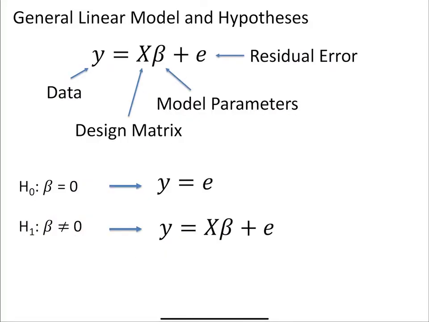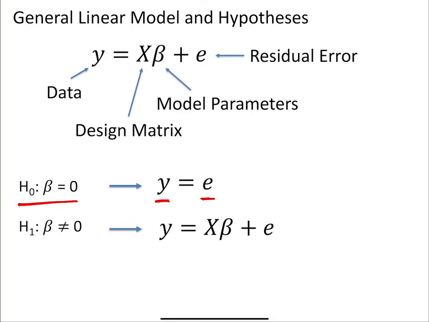Okay, so let's revisit the general linear model, and we're going to spend the next section of the talk on how to think about this. We've already looked at the general linear model and related it to these hypotheses. In the null hypothesis, we assume beta equals 0, so our data should just be equal to noise.